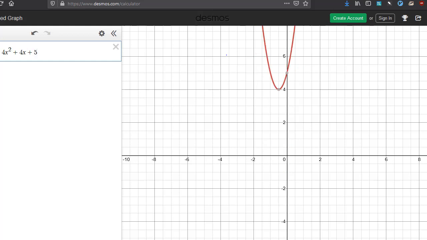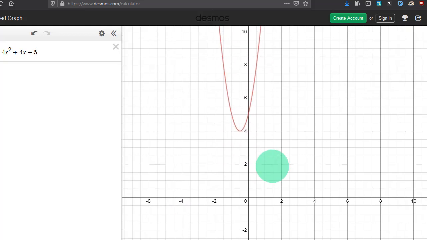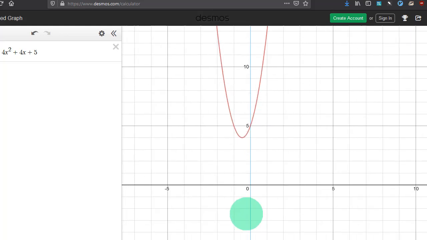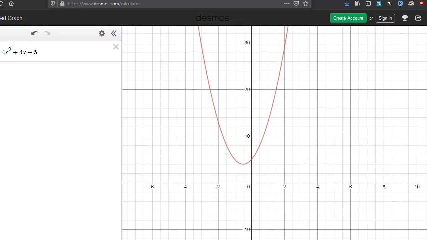And what you see here is that you have values of y like 4 is the smallest value of y. Then you have 5 for y here, or 6 for y over here. But there are no values of y that are less than 4. In particular, there's no values of y here that are equal to 0. So it never crosses the x-axis.